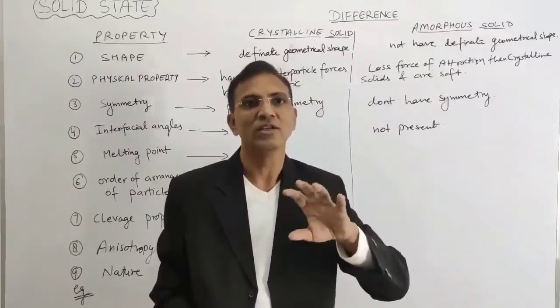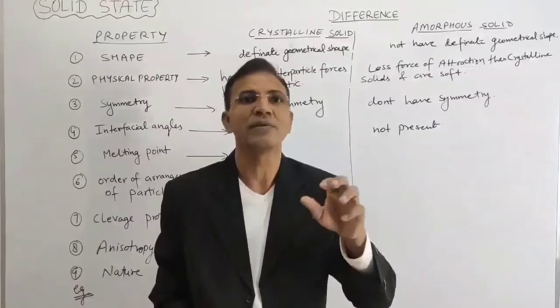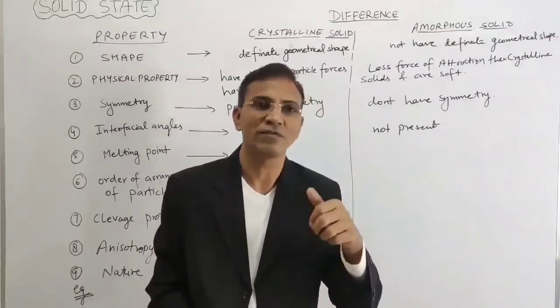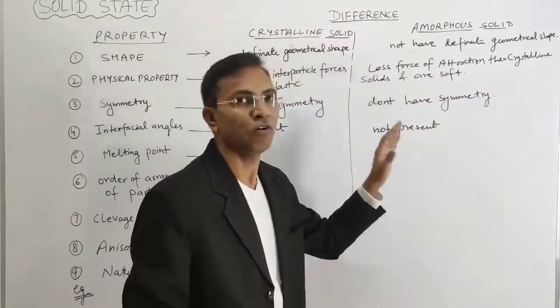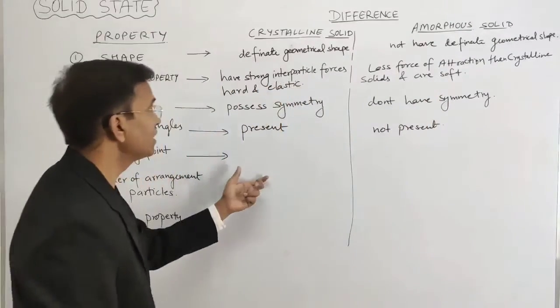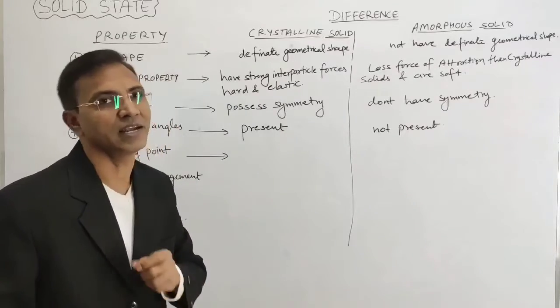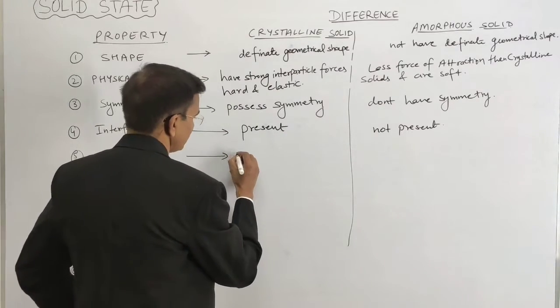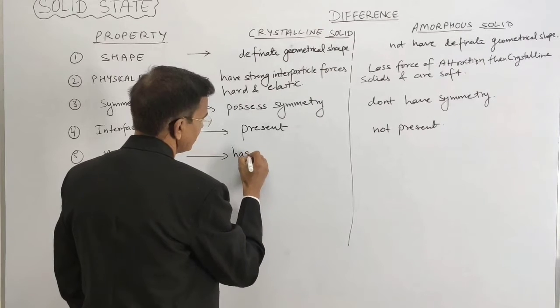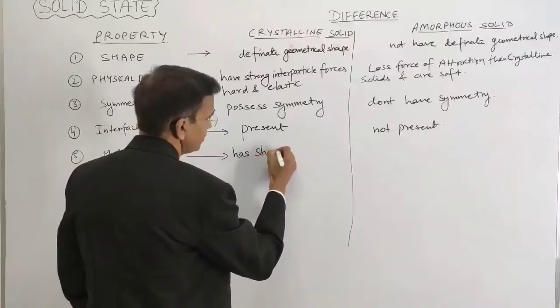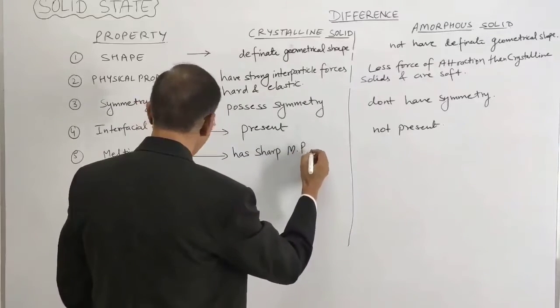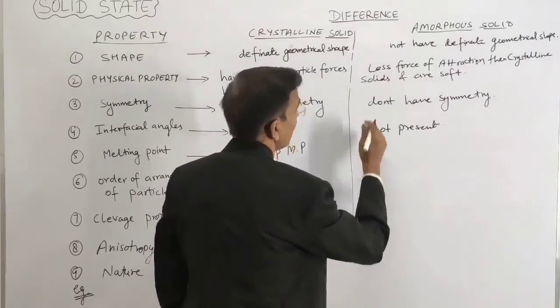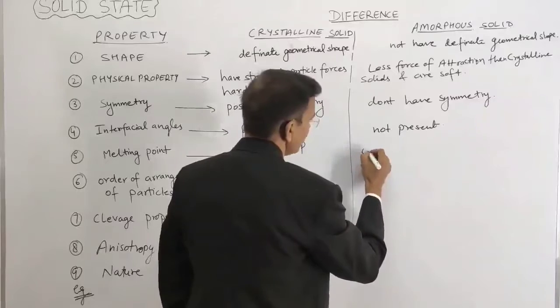Sometimes it is 51, sometimes 50, sometimes 50.5. So amorphous is over a range, and crystalline solid has sharp melting and boiling points.